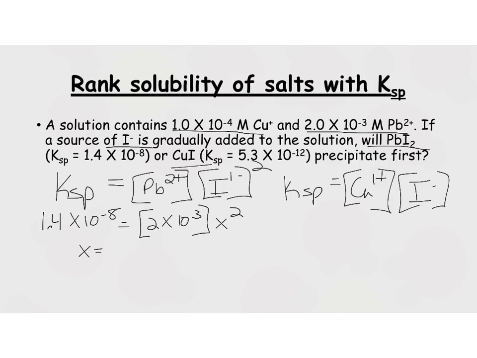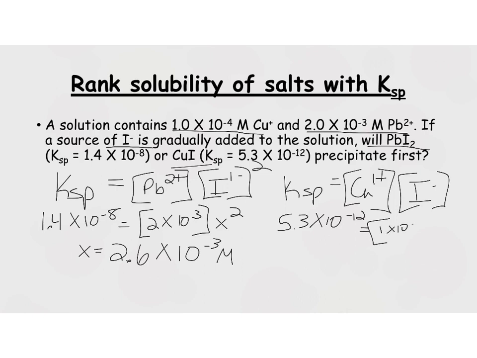It'll tell me how much I need. For this side, I got 2.6 times 10 to the negative 3rd. That's the concentration of I that would need to be present for that one to precipitate. Now we're going to do the same thing on the other side, but with the correct values.